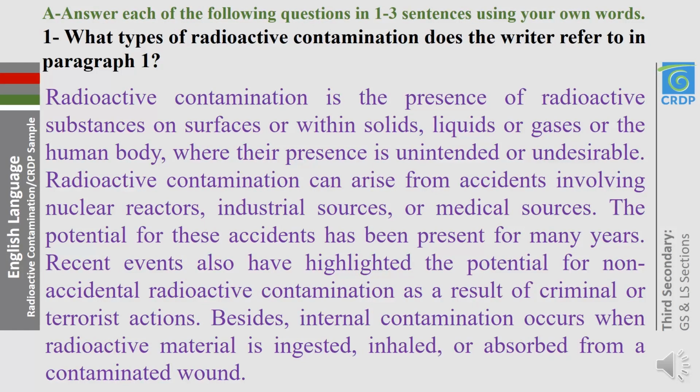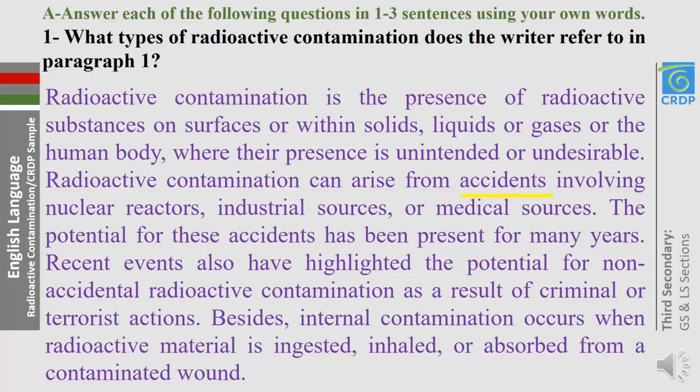Radioactive contamination can arise from accidents. So this is our first type, accidents. From accidents involving nuclear reactors, industrial sources, or medical sources. The potential for these accidents has been present for many years. Recent events also have highlighted the potential for non-accidental radioactive contamination as a result of criminal or terrorist actions.